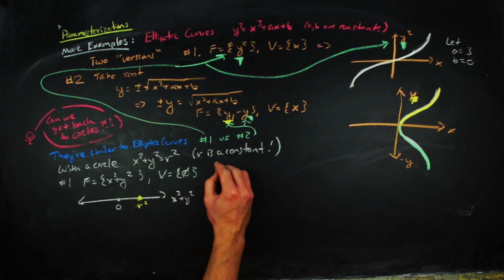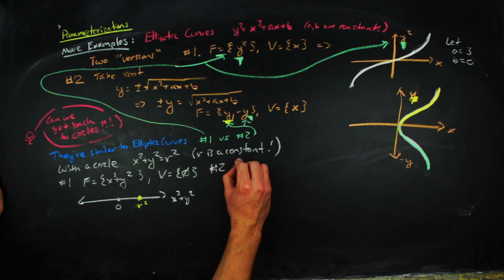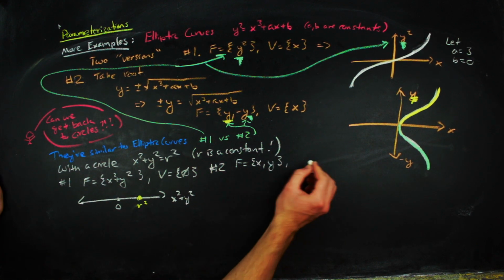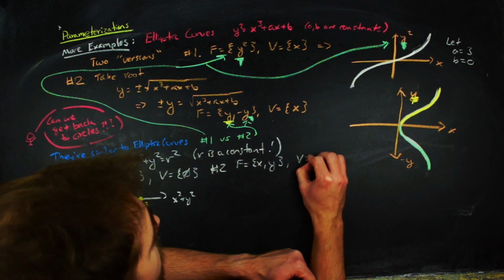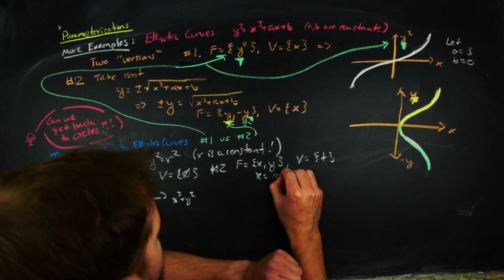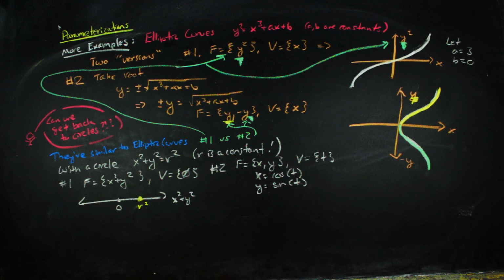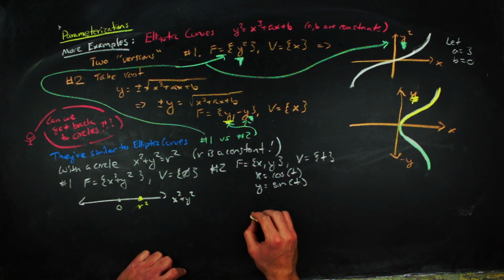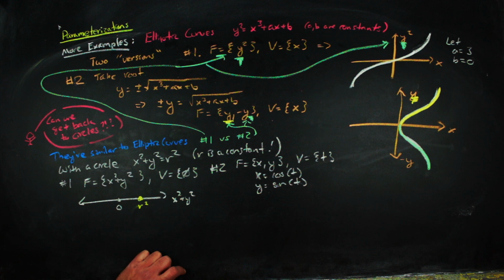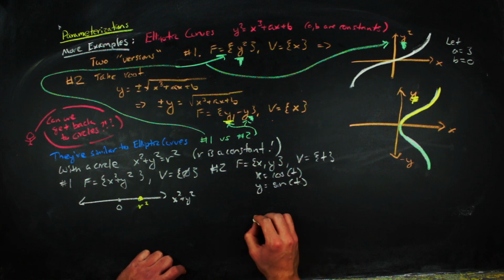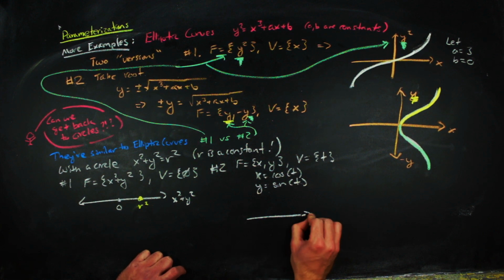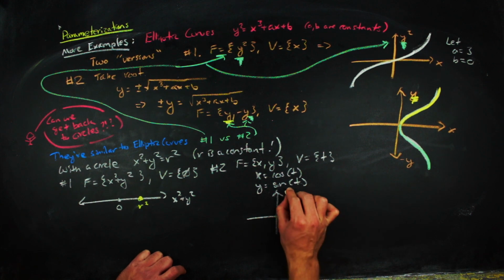With a bit of trig, however, you can make a parameterization that is a bit more meaningful. Recognizing that the Pythagorean theorem is a thing, in the version of r squared cosine squared of t plus r squared sine squared of t equals r squared, one can make a parameterization of two functions and one parameter, where x is r cosine of t and y is r sine of t.